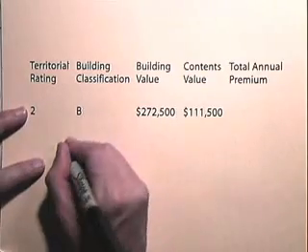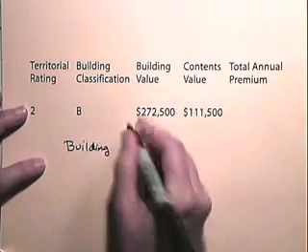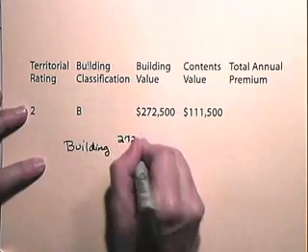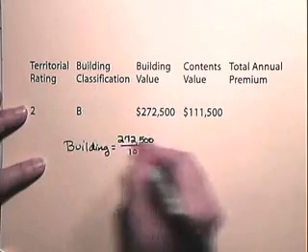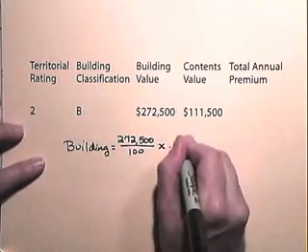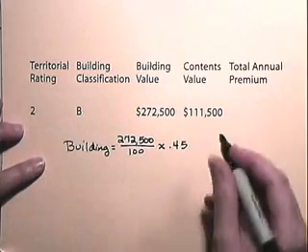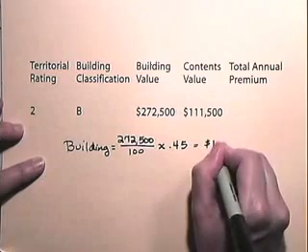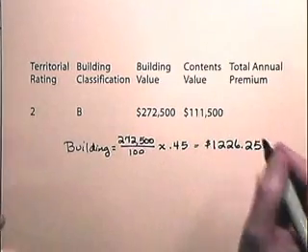So the premium for the building will be $272,500 per 100 multiplied times the factor from the table, which is 0.45, territory 2, classification B. The premium for the building is $1,226.25.